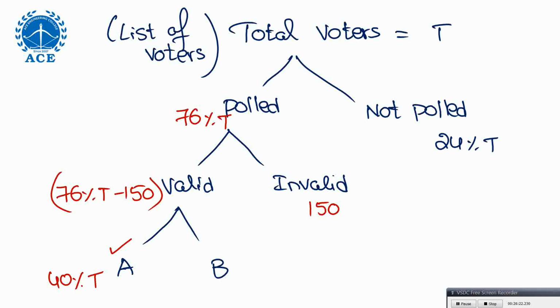Got it, right? Then what should B get here? Valid is how much? 76% of T minus 150. When A got 40% of T, B will get 36% of T minus 150, because all valid votes are counted among A and B. All valid votes are equal to A plus B. Sir, how do you know A got 40% of T?